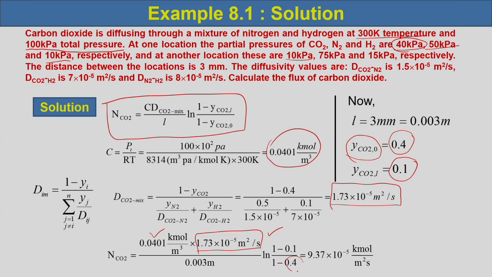So, we can calculate the flux as 9.37 × 10^-5 kilomole per meter square second. This is how we can calculate the flux for a multi-component system.